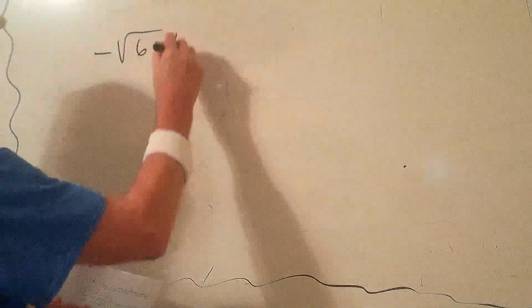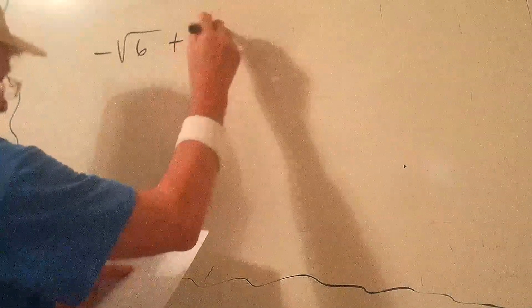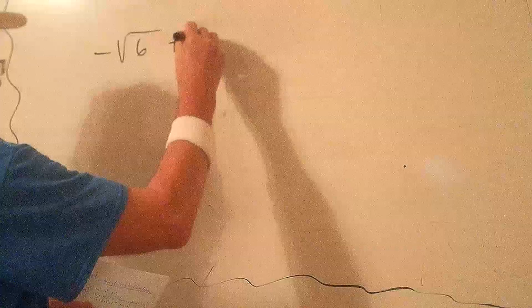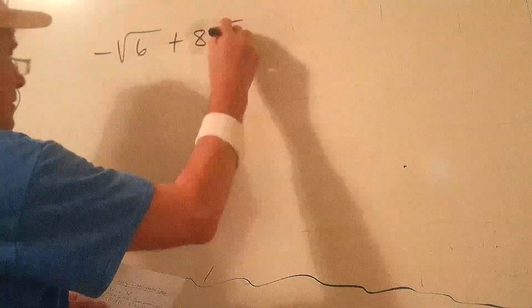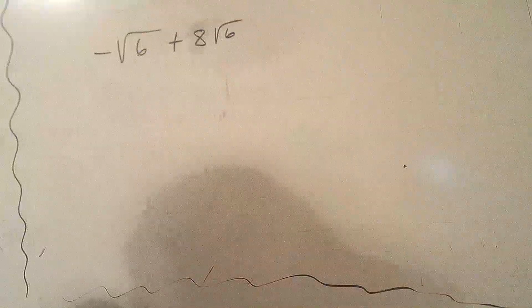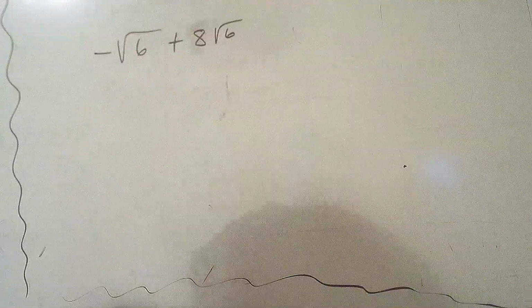Now, what if we have this? If we have negative square root of 6 plus the square, 8 square roots of 6, are these like terms? Now again, in order for them to be like terms, they have to have the same radicand.